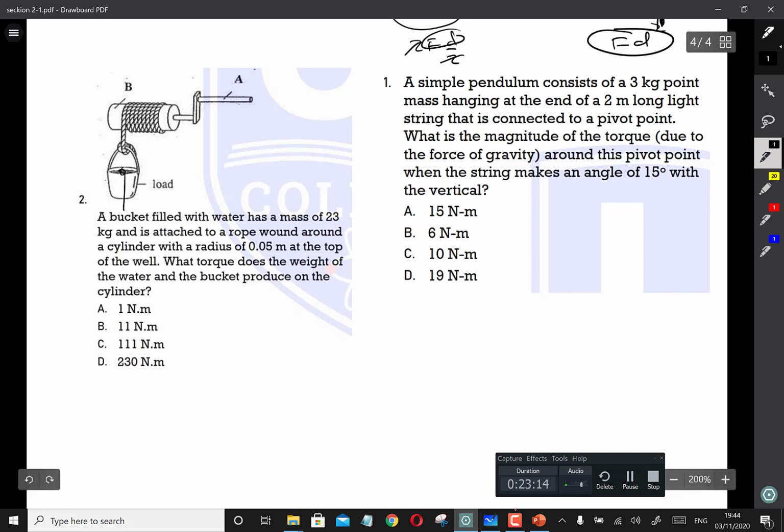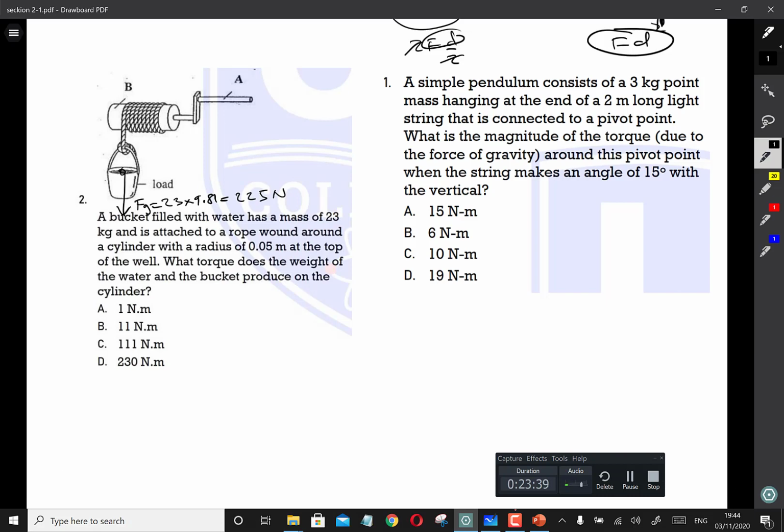So mass is given. Of course, this mass produces a gravitational force which is equal to 23 multiplied by 9.81. Let's calculate it. 23 multiplied by 9.81 is equal to 225 newtons.